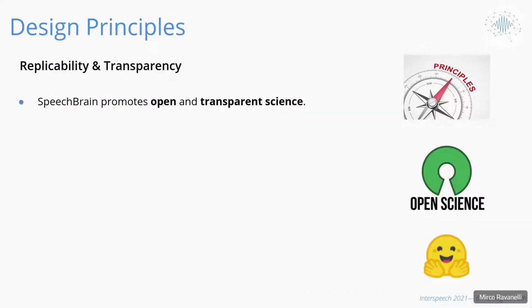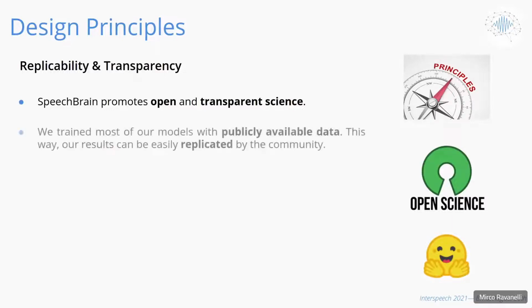Okay, so transparency, replicability. This is also in common with other open source projects. We really promote open science. We want researchers ideally to publicly release the code, and we structure SpeechBrain to make that easier.